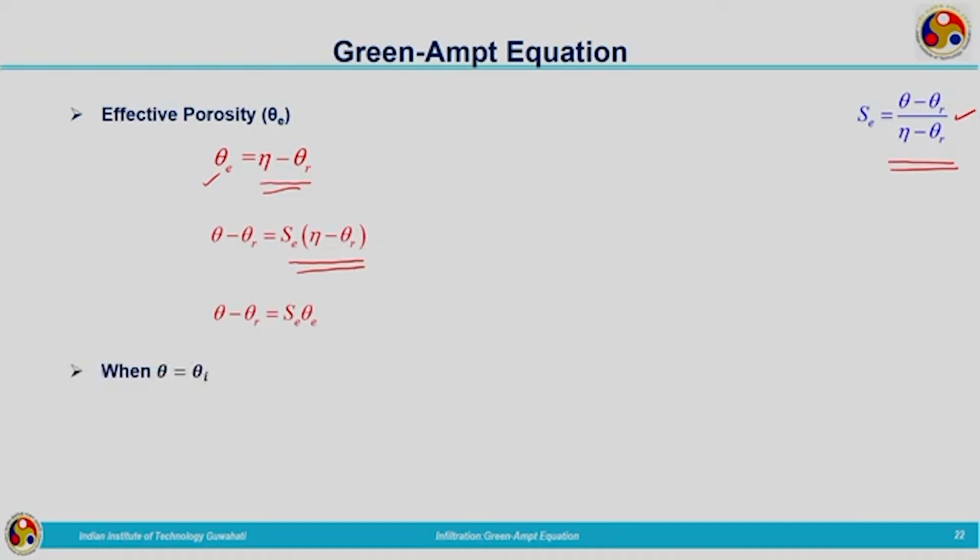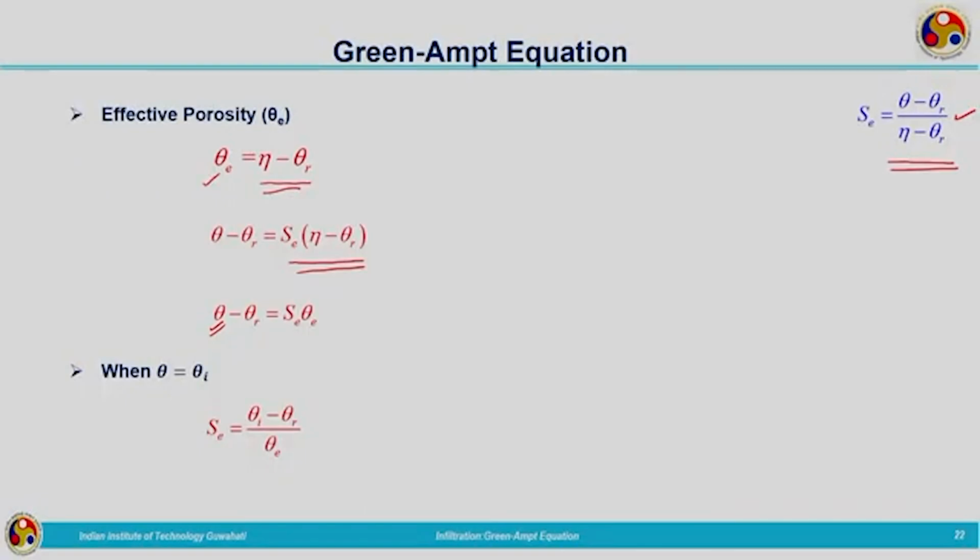Now we are going to make use of the initial condition, when theta is equal to theta I, that is the initial volumetric moisture content theta I. So here we are going to substitute theta I for theta. At the initial state of soil, what is the effective saturation, that is our intention.